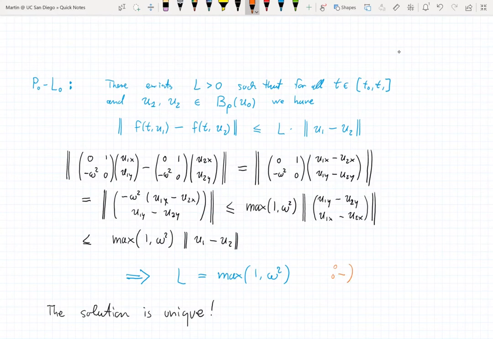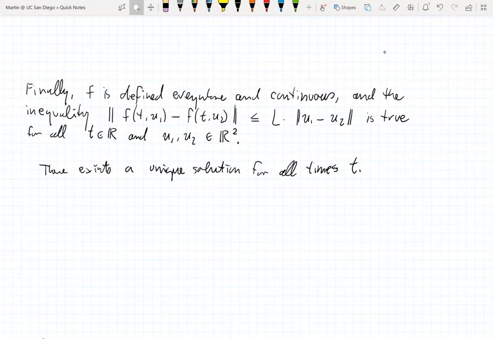In particular, the Picard-Lindelöf theorem applies, and the conclusion is that the solution is indeed unique. So remember that the harmonic oscillator had a unique solution, and in fact, that solution could extend to infinite time.